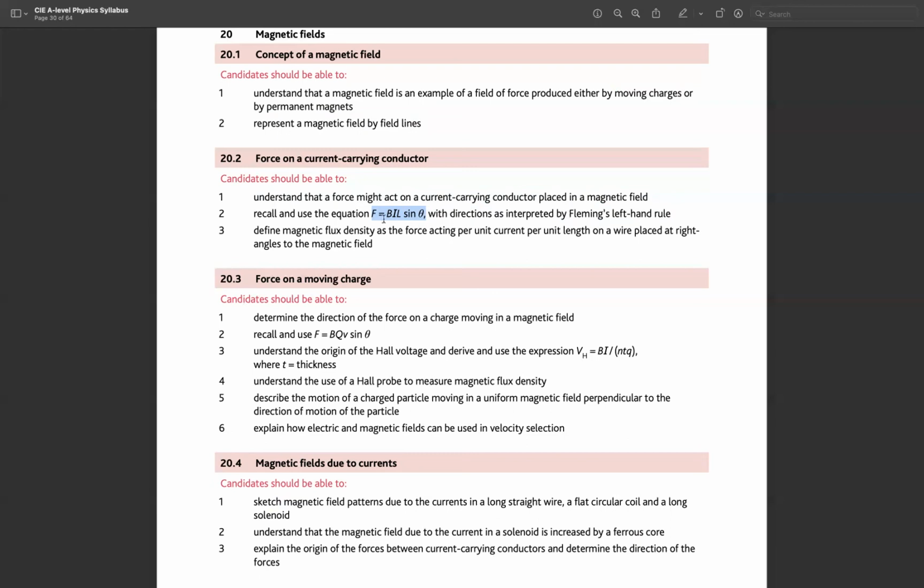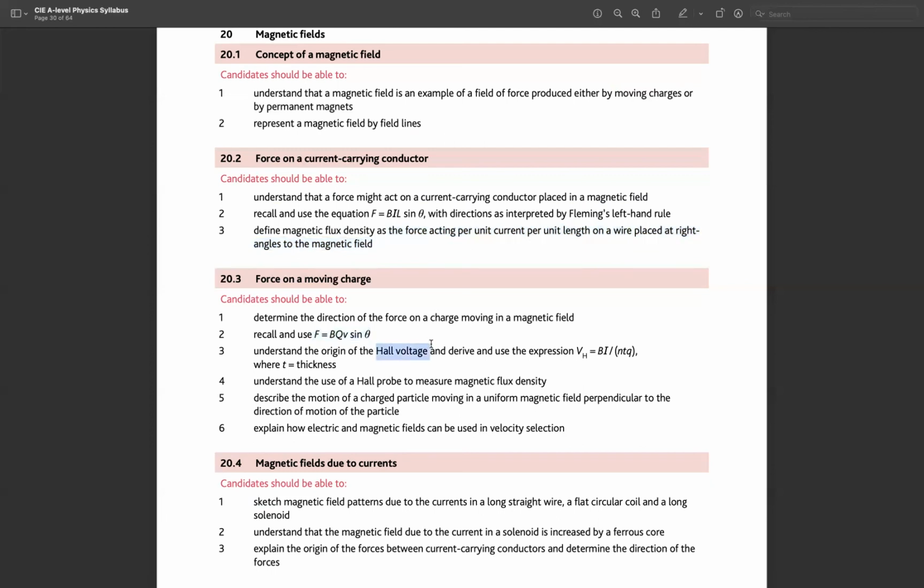Number 3 is define magnetic flux density. How do you define this one? Remember, we talked about this as the force acting per unit current per unit length on a wire placed at right angle. This is the sentence that we took down just now. Force on a moving charge: determine the direction of the force on the moving charge, and then the calculation behind.